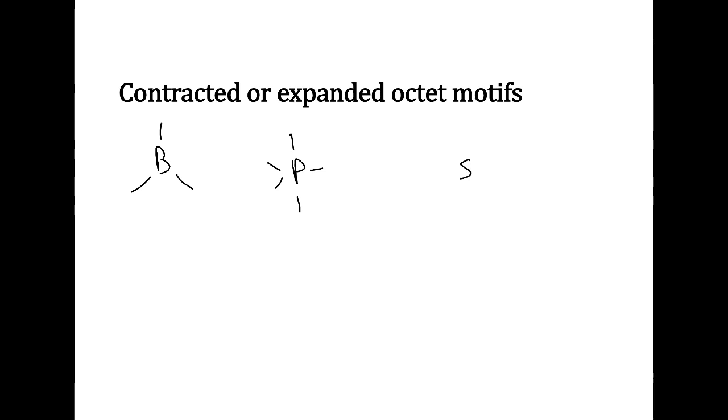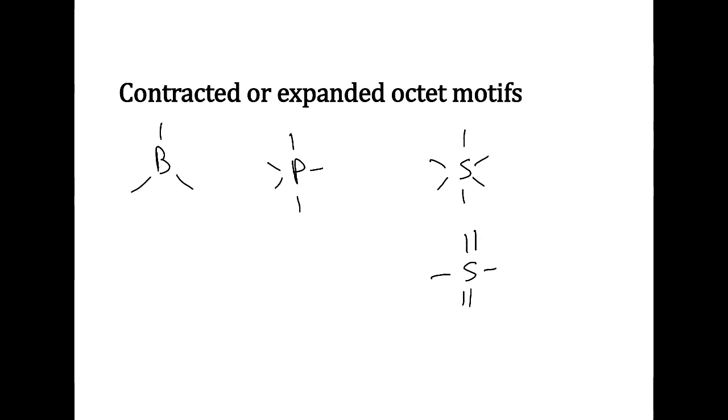It's rare, but it would be possible to see 6 single bonds to sulfur. You could also see maybe 2 double bonds and 2 single bonds to sulfur. You could see some variation with phosphorus with there being a triple bond and some double bonds thrown in there. But these are the most common contracted or expanded octet motifs.